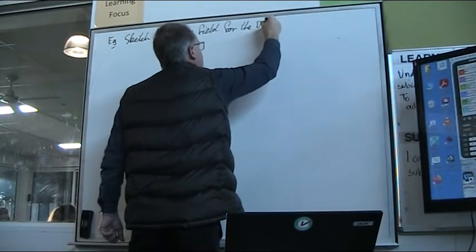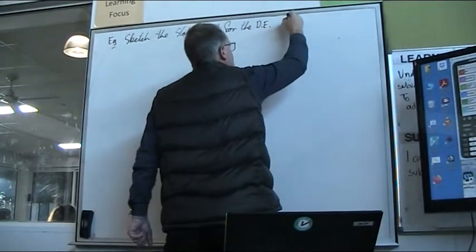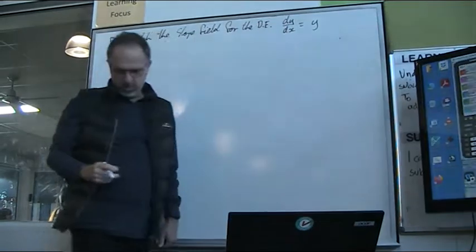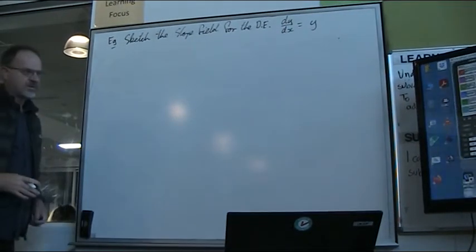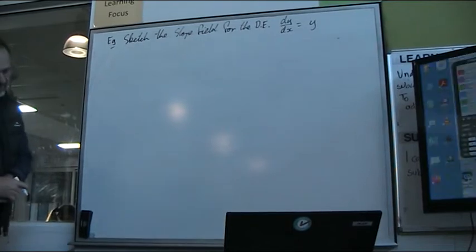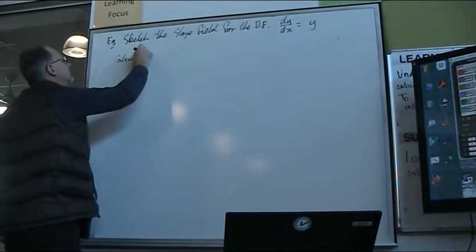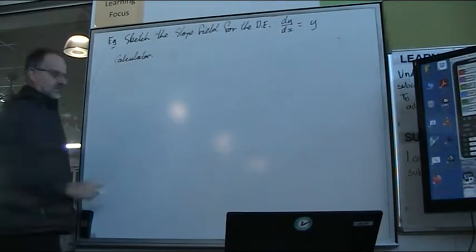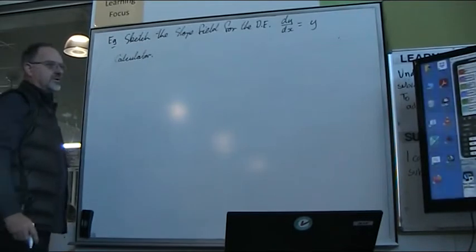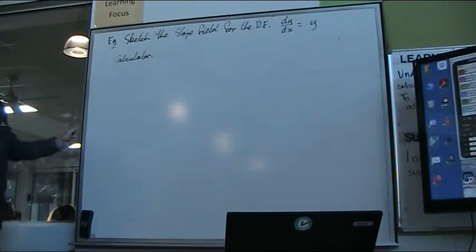For the differential equation dy/dx equals y. All right. So our calculator, of course it's the Casio calculator for those in YouTube land.